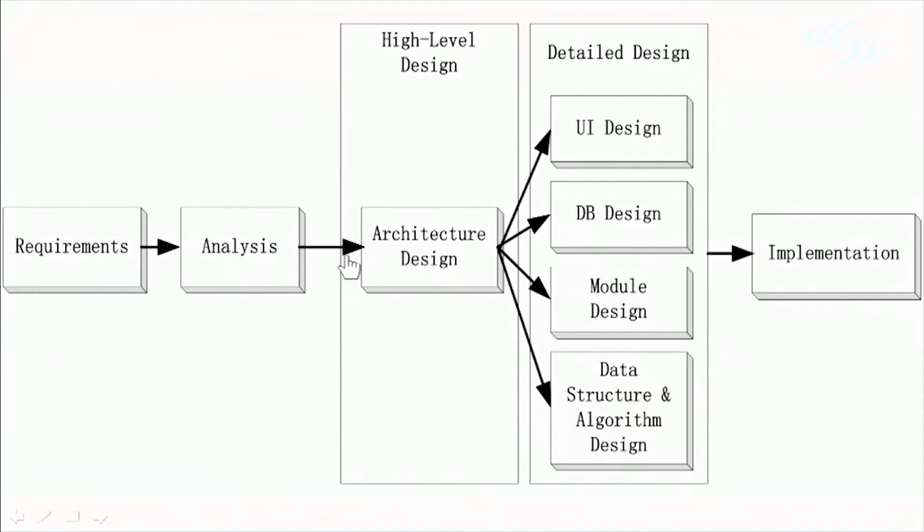And here you can see that design is divided into two sub-stages. This is a high-level design. That means architecture design should be achieved first before the detailed design can begin. Well, after the architecture design has been achieved, and then user interface design can begin, and the database design and the module design, and also data structure and the algorithm design.